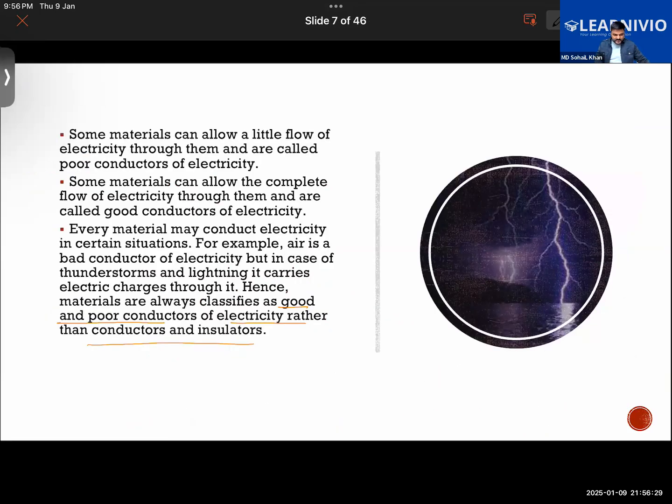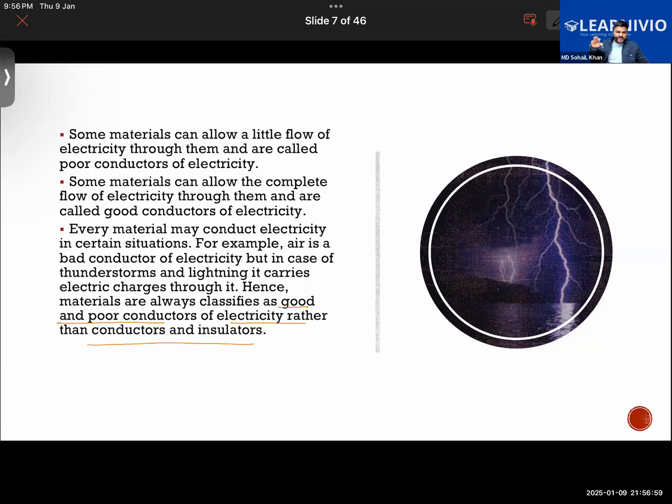In a similar manner, although we say that air is a bad conductor of electricity, why? Because it will still allow electric current to pass through it. What happens when too much charge accumulates on the cloud? The air will be forced to conduct those charges onto the ground, onto the surface of the earth.